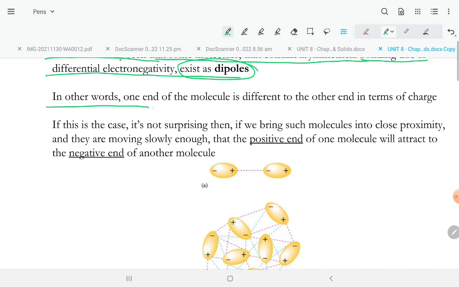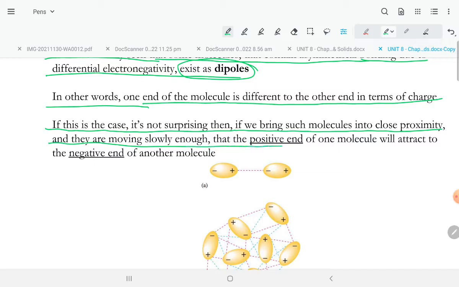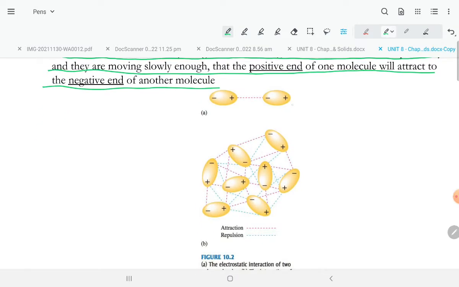In other words, one end of the molecule is different from the other end in terms of charge. If this is the case, it is not surprising that if you bring such molecules into close proximity and they are moving slowly enough, the positive end of one molecule will attract the negative end of another molecule. So minus plus, and minus plus.